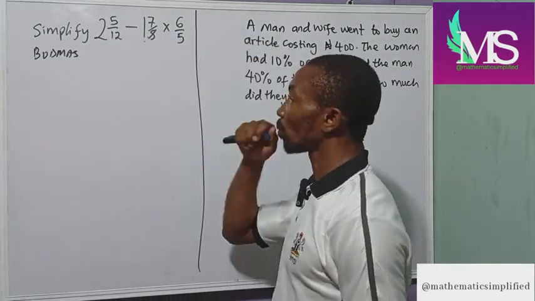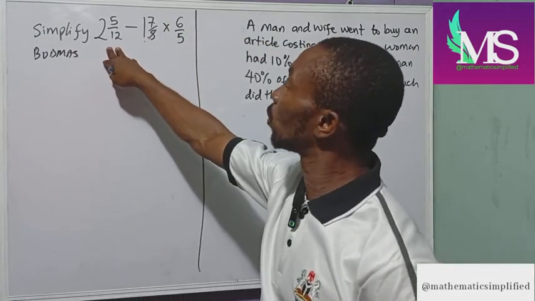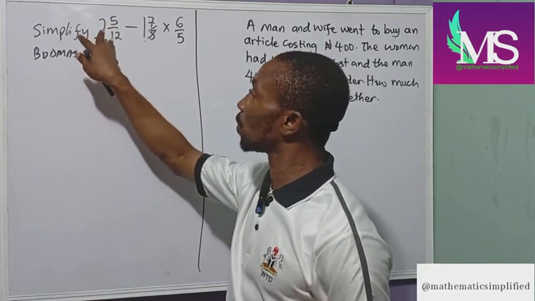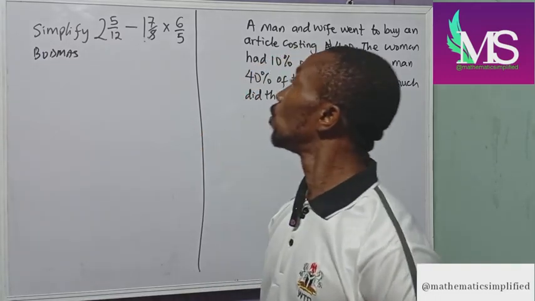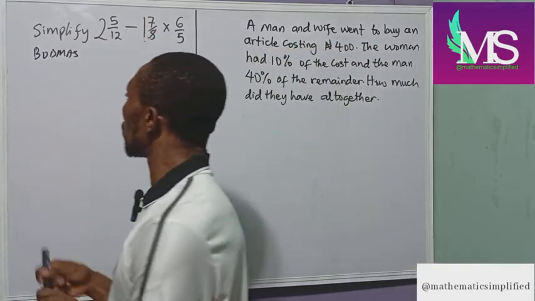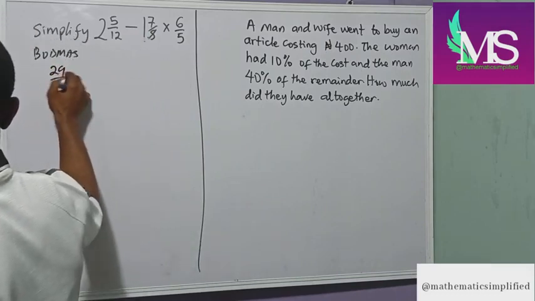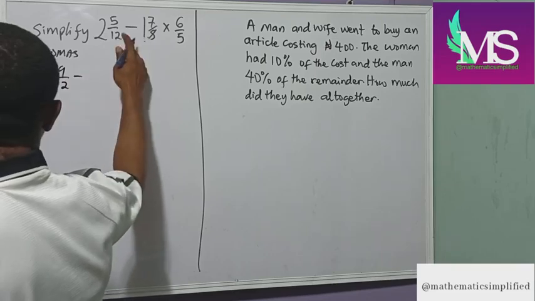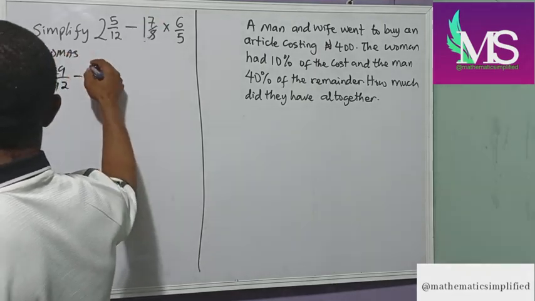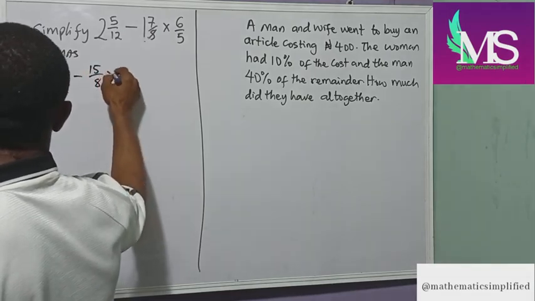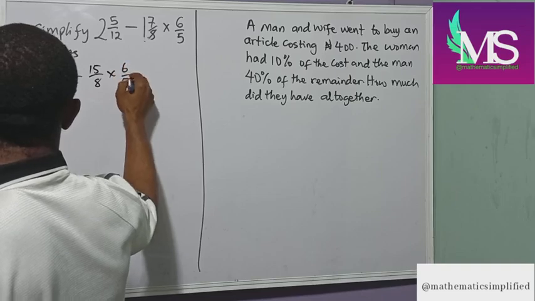From here, we would first of all convert this to improper fractions. 12 times 2 will give us 24. 24 plus 5 will give us 29 over 12 minus 8 plus 7 will give us 15 over 8 times 6 over 5.